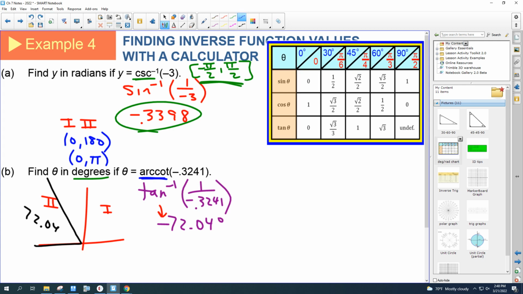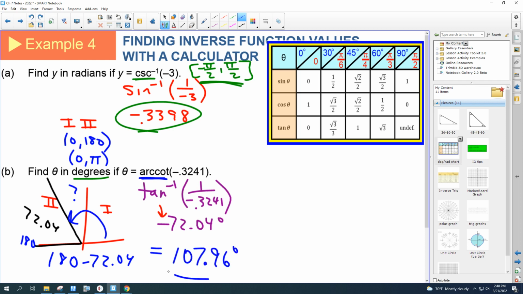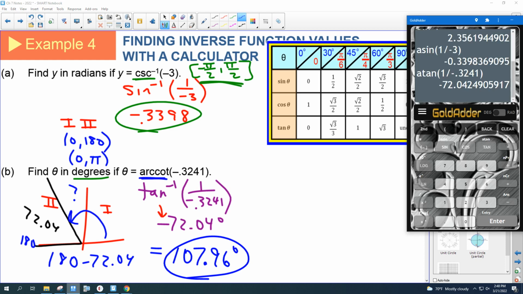So what's that angle? All you have to do here is say, well, halfway around is 180. Let's just subtract. 180 minus 72.04 is 107.96 degrees.